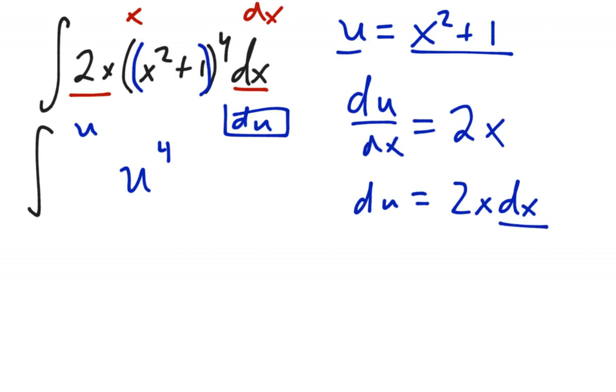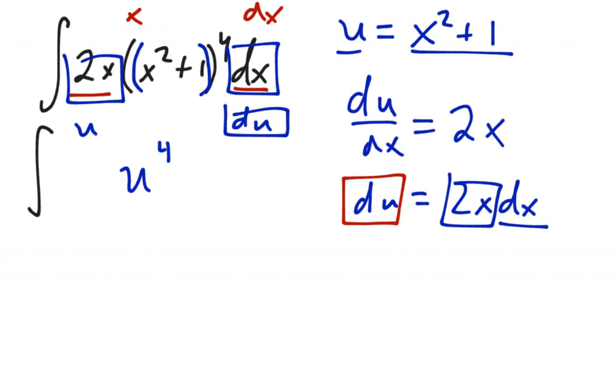And check this out. Do I have a dx? Yes, it's right here. Do I have a 2x? Yes, it's right here. And so what happens is that the 2x and the dx disappear and become the du. And so my integral is simply the integral of u to the fourth du. That's it. Everything that was in the original integral was replaced with something in terms of u.